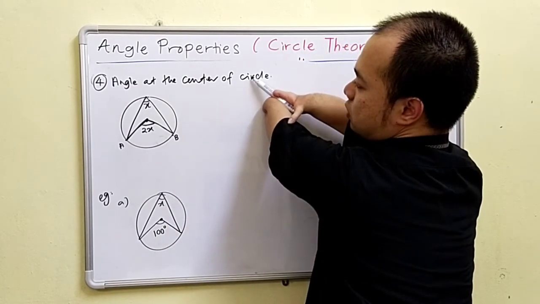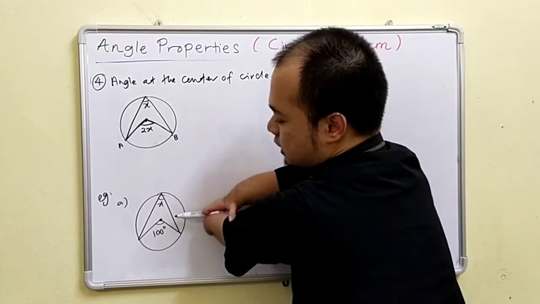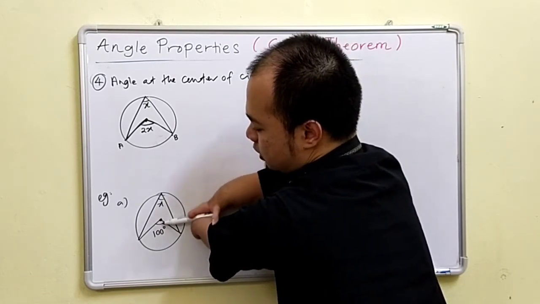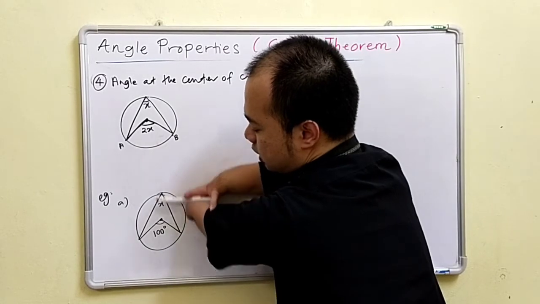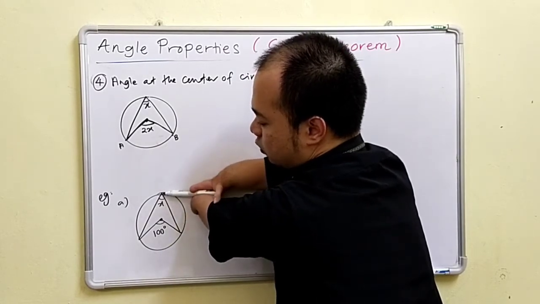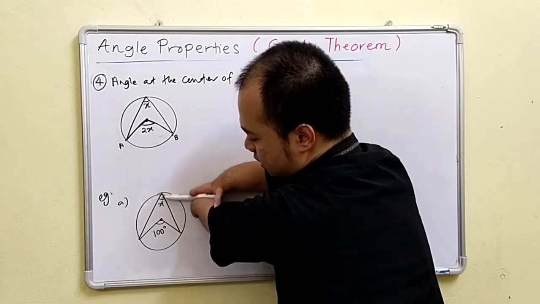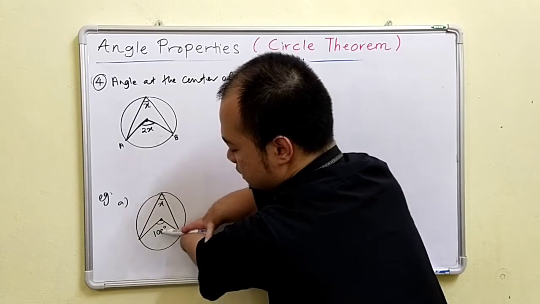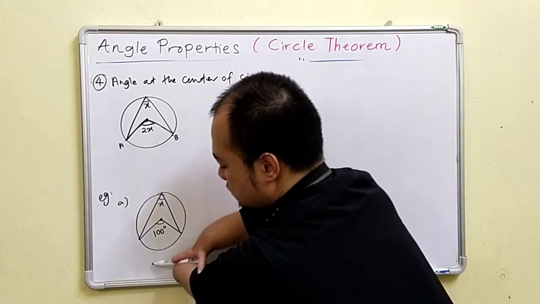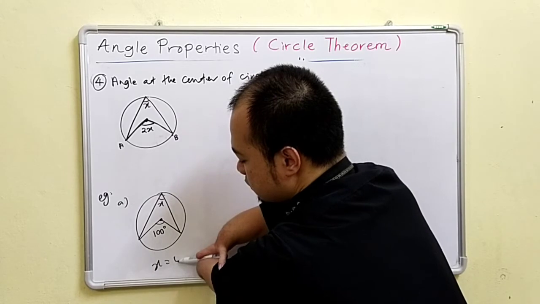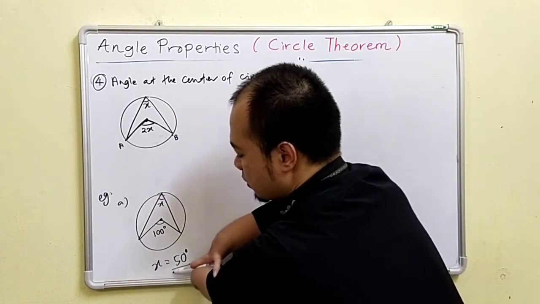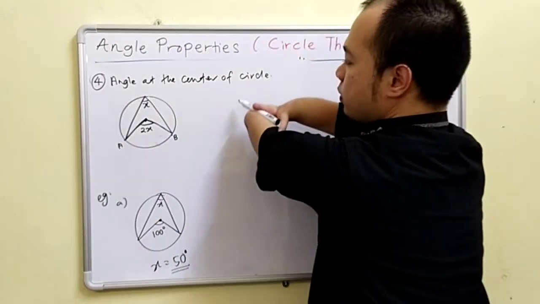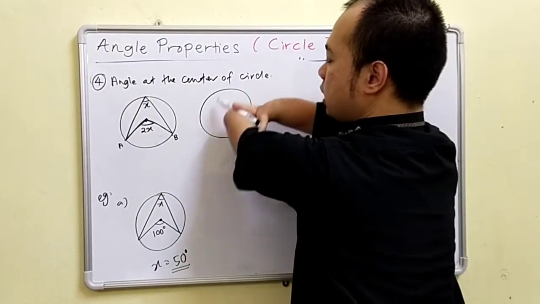By using this theorem, the angle at the center and the angle at the circumference: if the angle at the center is 100 degrees, the angle at the circumference must always be half of it. So the angle x will become half of 100, which is 50 degrees.